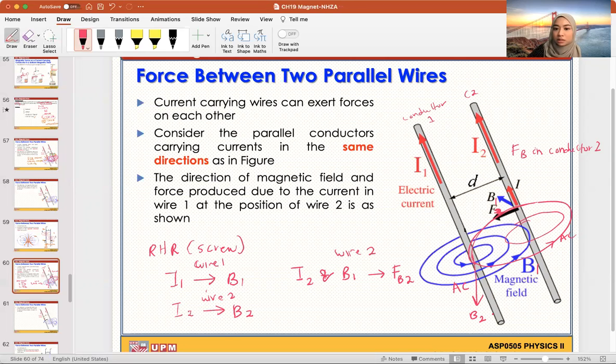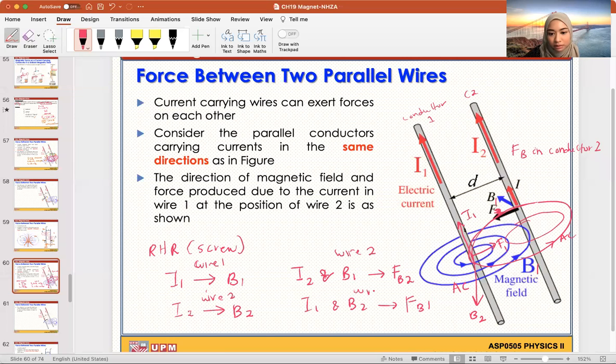It's out of the page. So I have out of the page B, I is up, my force is to the right. I1, and this is my force number 1. So I1 and B2 gives me FB number 1, the force on wire number 1.